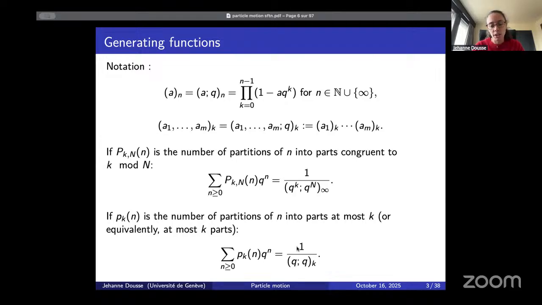And also, some other facts that we will need later is that the generating function for partitions into at most k parts, or equivalently parts which are at most equal to k, is equal to 1 over (q;q) sub k.